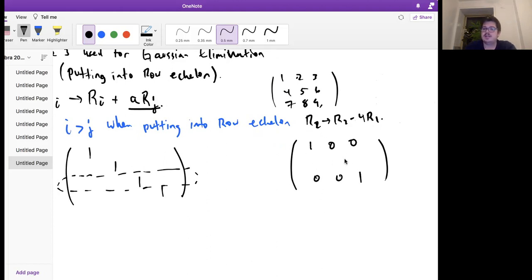What does the second row look like? 0, 1, 0 wouldn't do anything, right? So if I want to do row 2 minus 4 row 1, negative 4 goes somewhere, right?